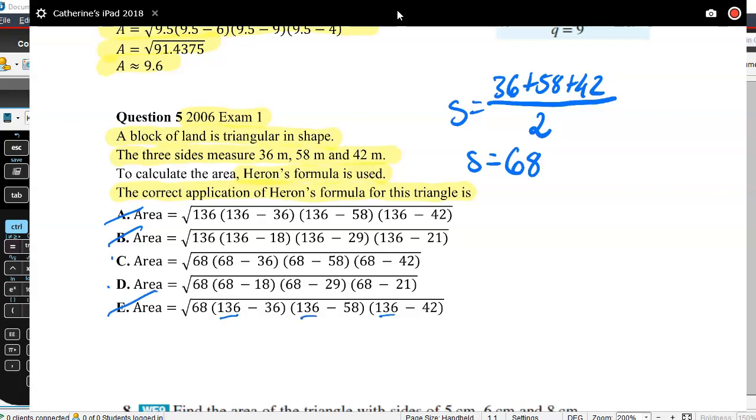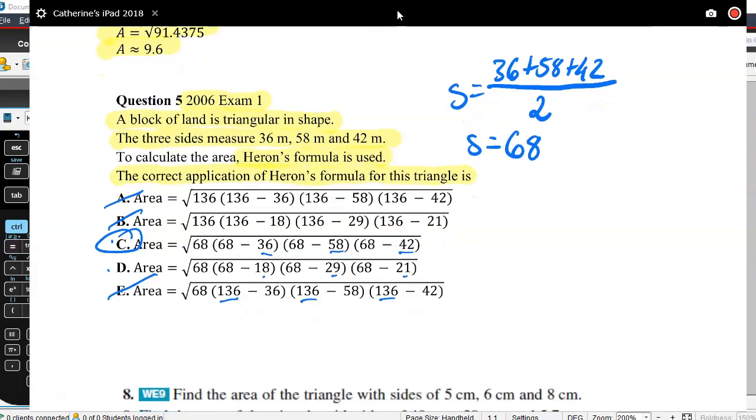Okay, so it's either C or D. Okay, so it's C, isn't it? Because that's using the actual side measurements. We've got those there, which I'm not entirely sure what they are. But anyway, so that would be answer C there.